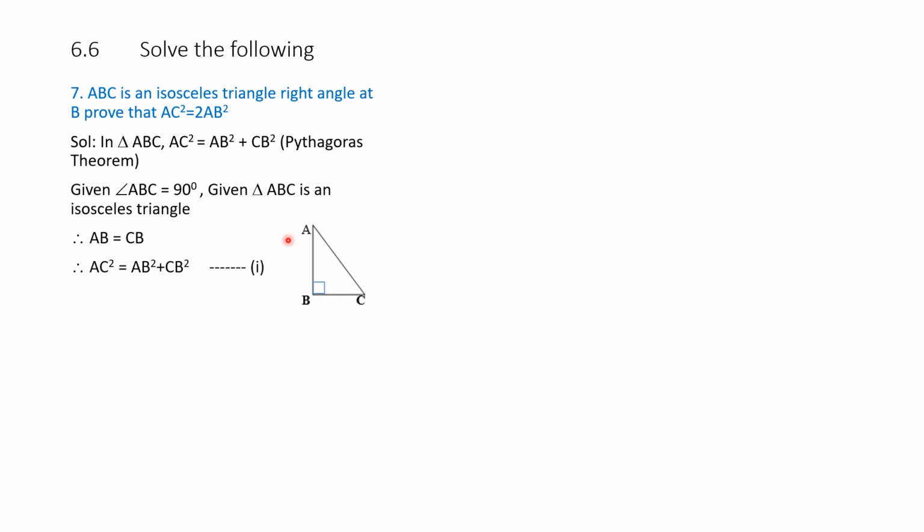Therefore, by Pythagoras theorem, we know AC square is equal to AB square plus CB square. Putting AB equal to CB in this equation, we get AC square is equal to AB square plus AB square, that is 2AB square, and hence the proof.